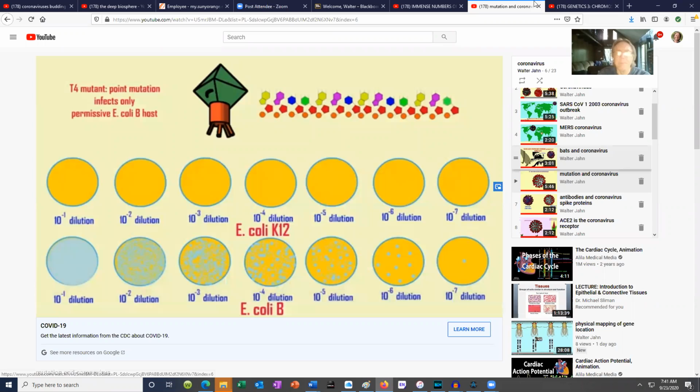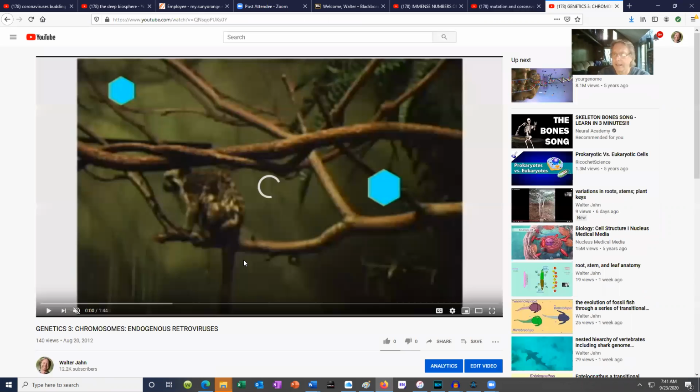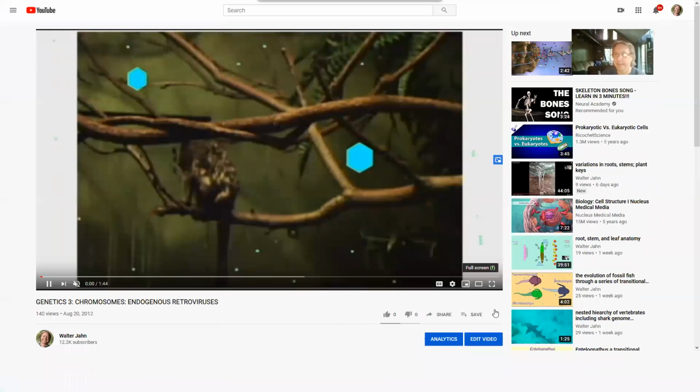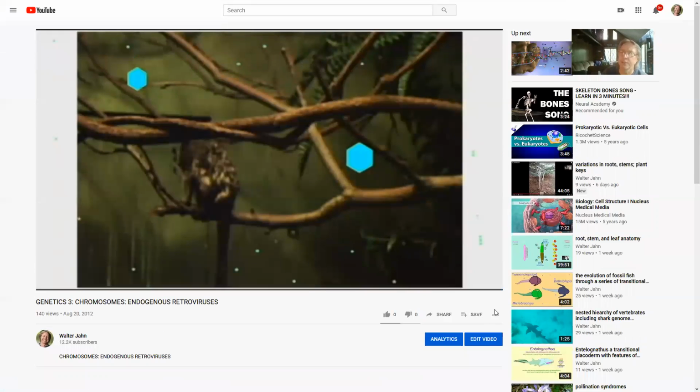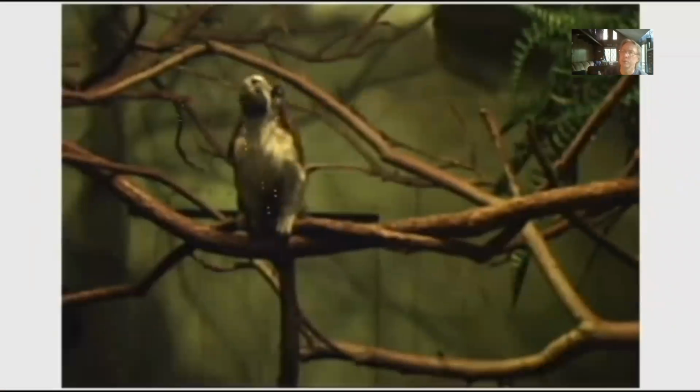But geneticists don't only study viruses because of the diseases that they cause. Once again, we can learn about genes in general by studying viruses. And then also, we are part virus. Our ancestors got viruses, and some of these viruses inserted their DNA into the cells of the germline.